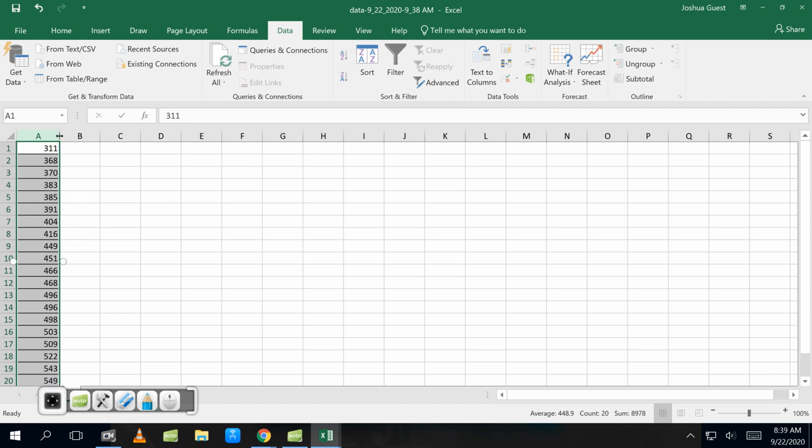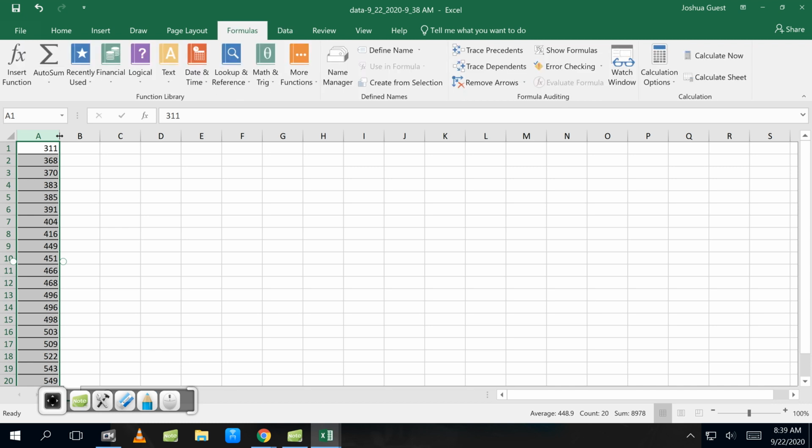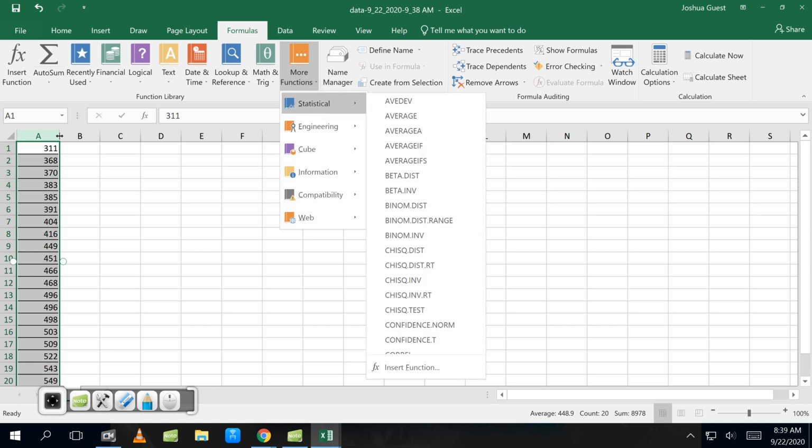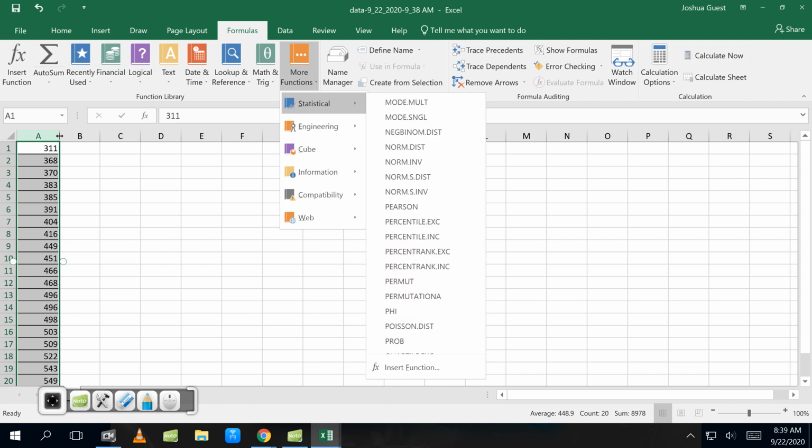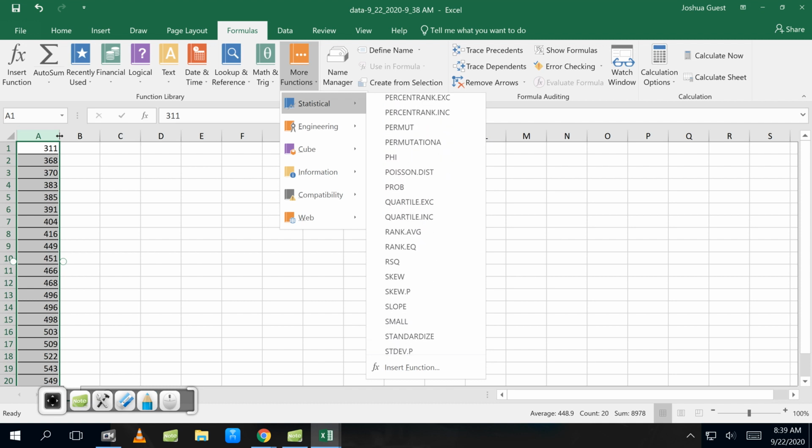And there it is in order. Many of you know how to do this in Excel. Excel's really nice. Let's go to Formulas, More Functions, Statistical, and look at quartiles, to see if it has something for quartiles in here.